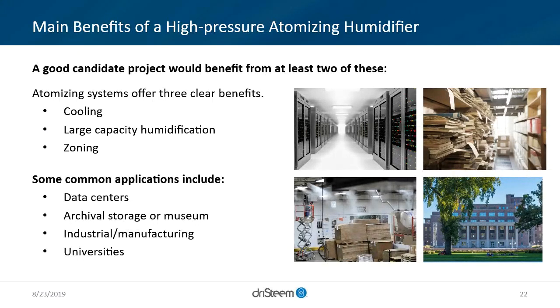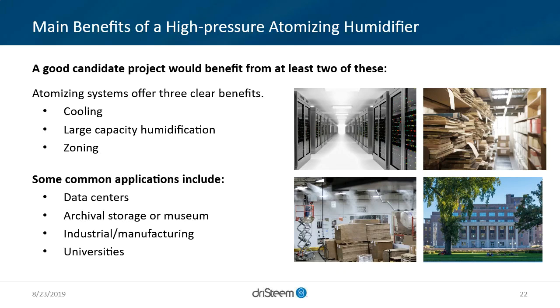So the main benefits, we touched on these to start with, but really the three main benefits that I want to nail home are, first, the cooling aspect that high pressure atomization can provide. If we can offset mechanical cooling, it's a very cost-effective and very energy conscientious way to do that. Second, large capacities of humidification.